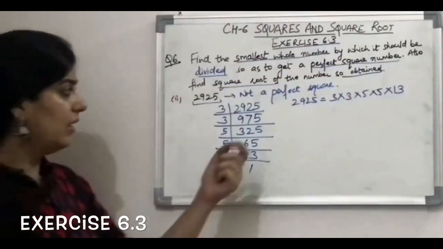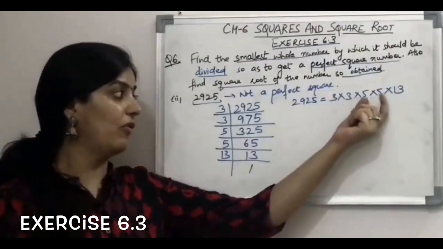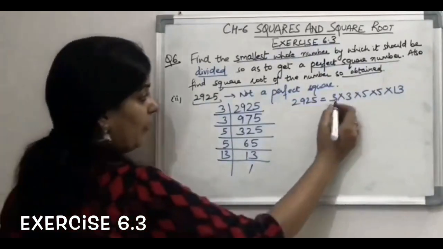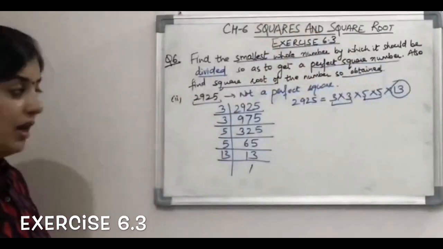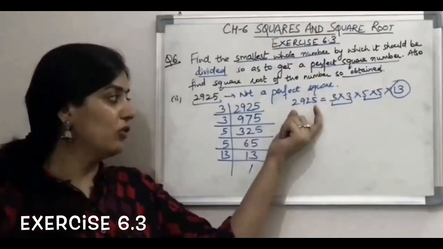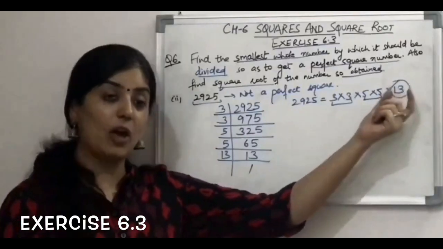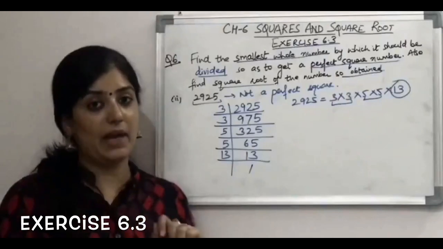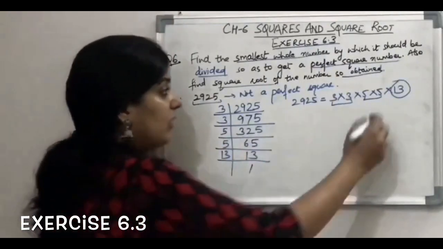Now clearly this is also not a perfect square because we don't have pairs of all the factors. We only have 2 pairs. 13 doesn't have a pair. Now if it would have been question number 5, we would multiply it by 1 more 13. But now we need to divide it. We will not multiply it by 13. What we will do is take out this extra number.